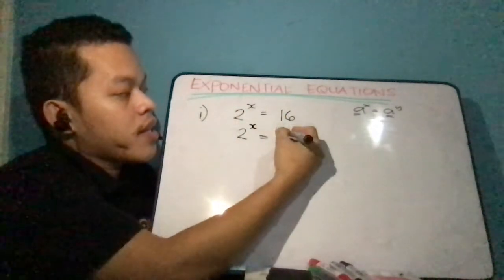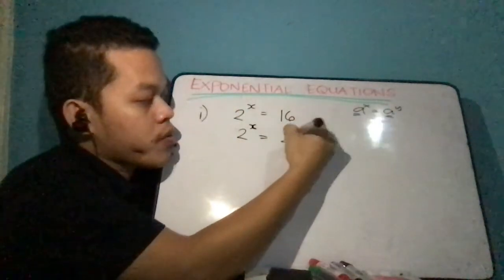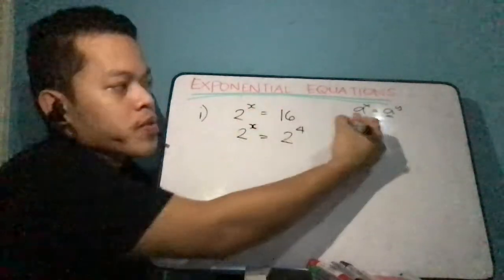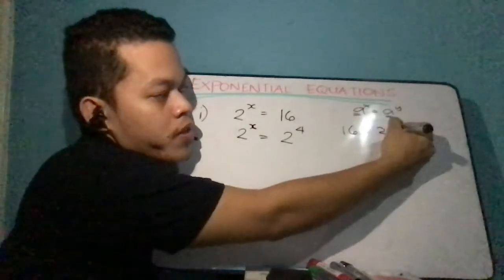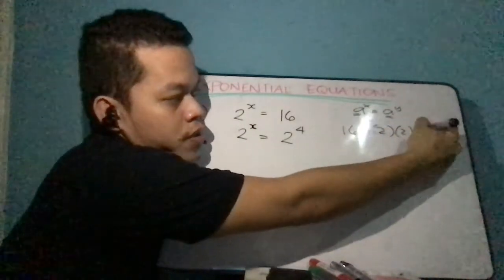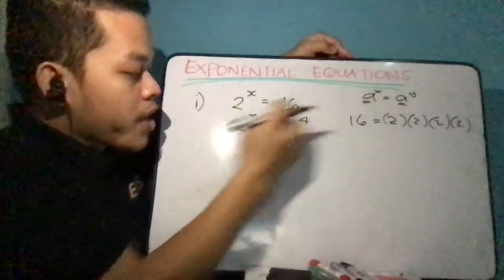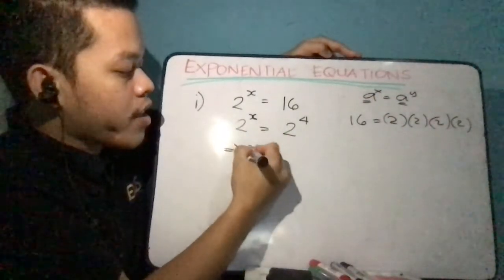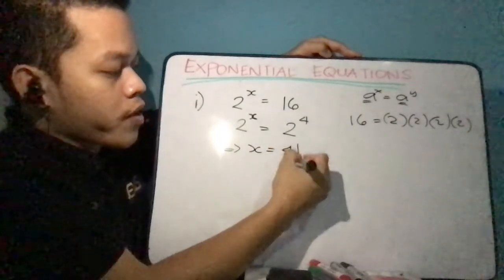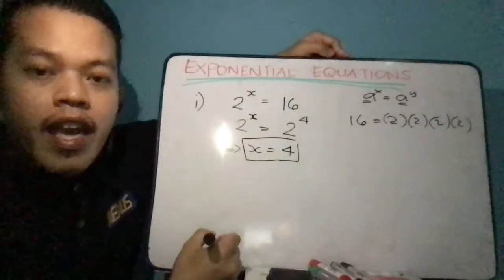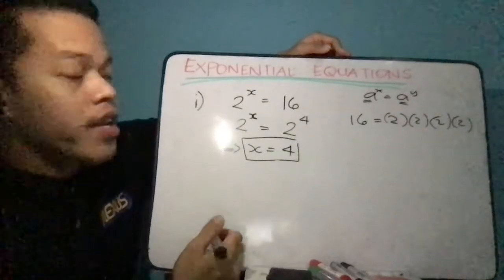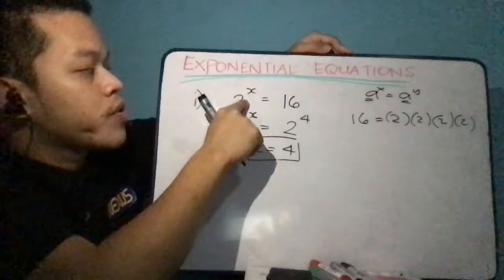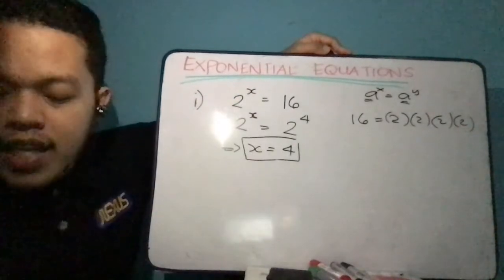So we can rename 16 as 2 to the 4, because 16 is 2 times 2 times 2 times 2. Since we have already the same base 2 and 2, then we can equate the exponents. This implies that x is equal to 4. To check whether your answer is correct, you can replace x with 4 in your original equation. So 2 to the 4 is equal to 16.